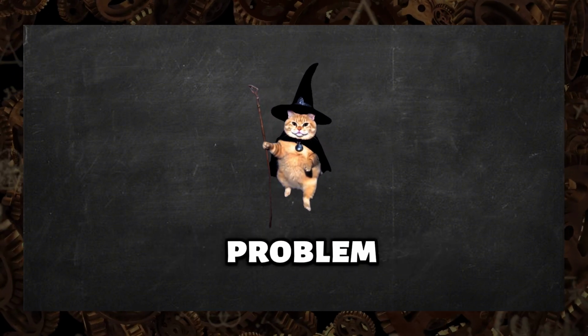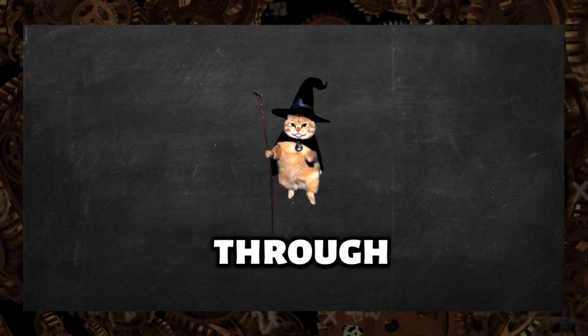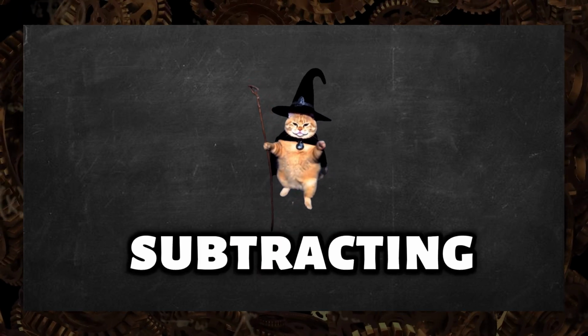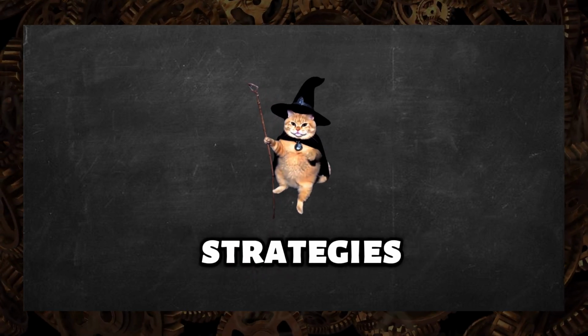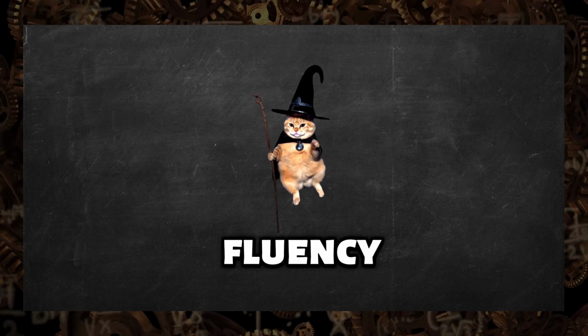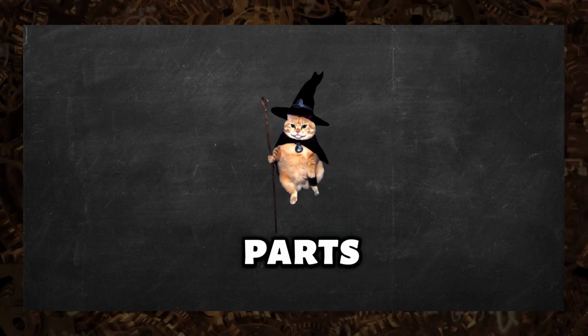Arithmetic fosters problem solving, like determining unknowns in equations through inverse operations, subtracting to isolate in addition problems. Mental strategies enhance fluency, rounding for estimates or breaking numbers into friendly parts.